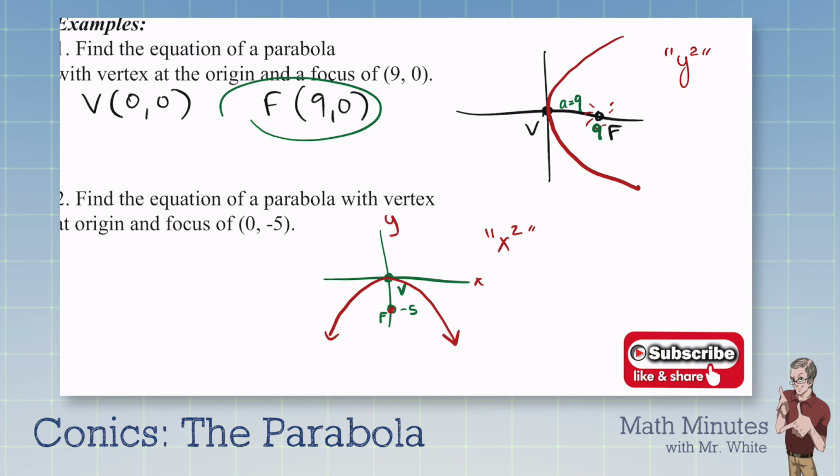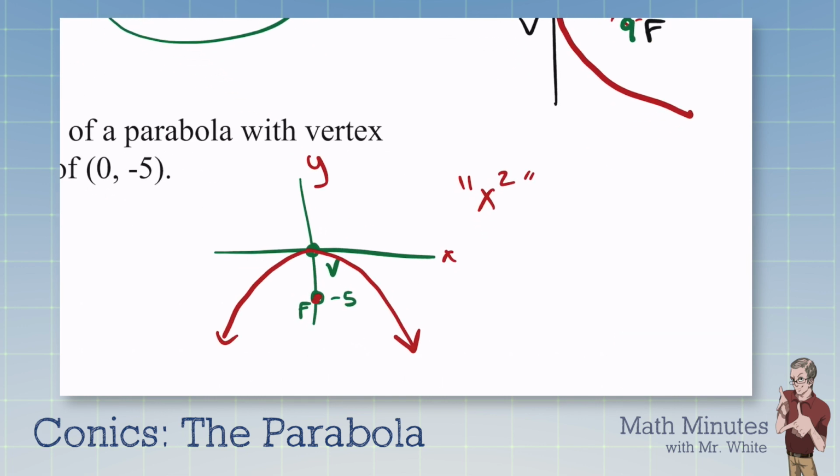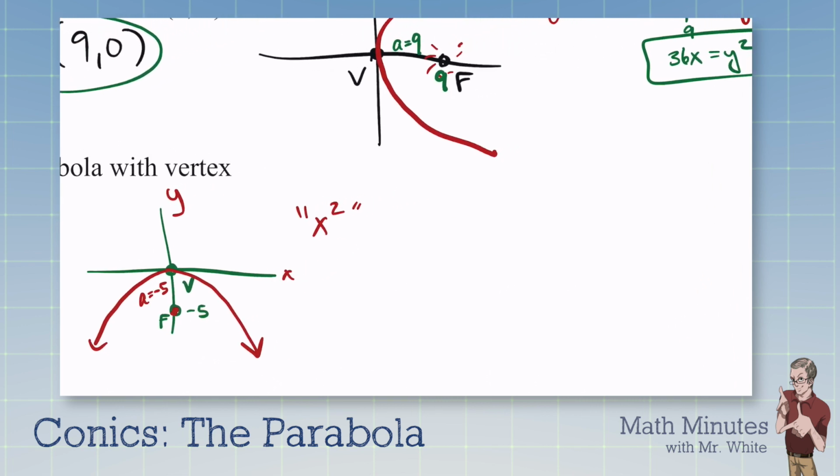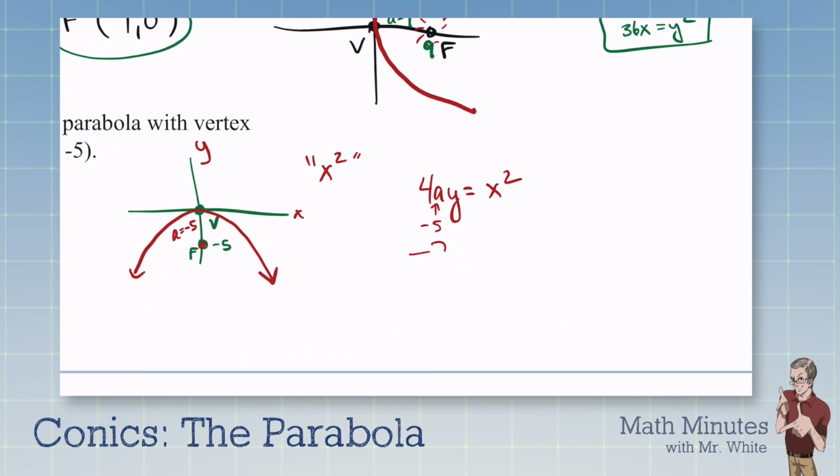And in fact, A is negative this time because it faces down. A is -5. So we go over here, we write 4a y equals x squared. And we put our -5 in there. And we have our answer, -20y equals x squared. You see that wasn't so bad. That's the equation of that parabola.